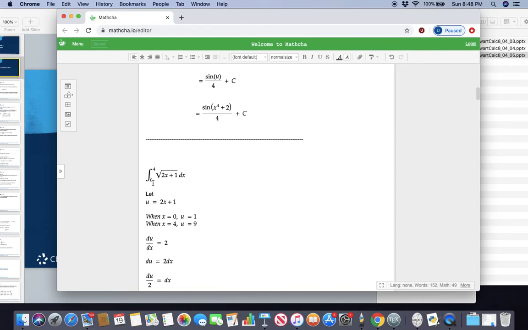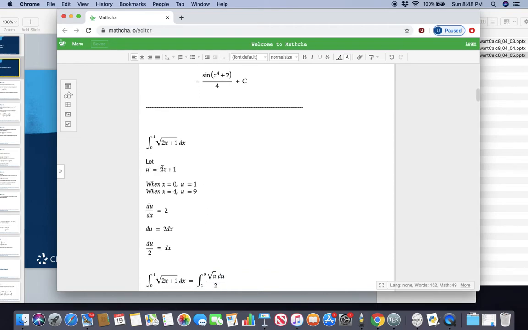So when x is 0, x is the running variable in my original expression. So this means x is 0 to x is 4. When x is 0, I plug in for u and I get u is 1. Right? 2 times 0 plus 1. When x is 4, 2 times 4 plus 1, u is 9.